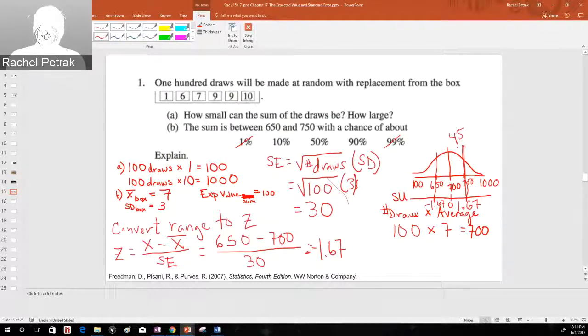You can find this in column B of the z table. And it's going to be 45% over here too, which means that the probability of a score anywhere in this shaded region is going to be 45 times 2, or 90%.